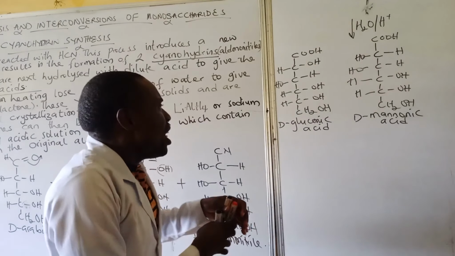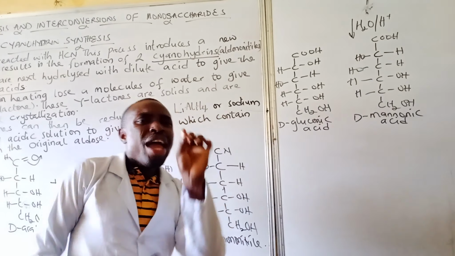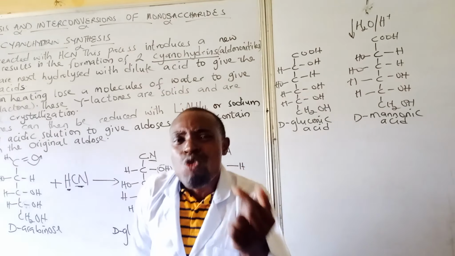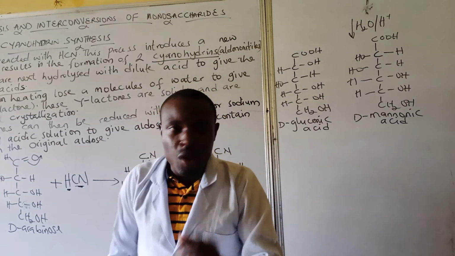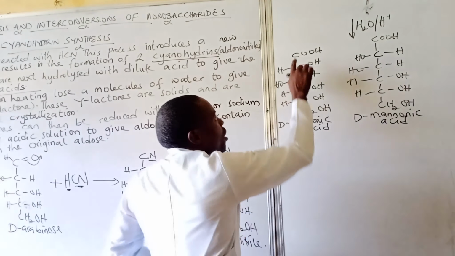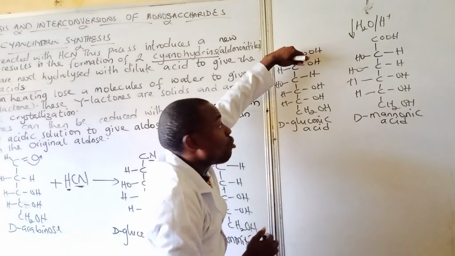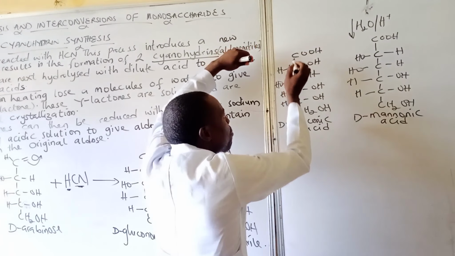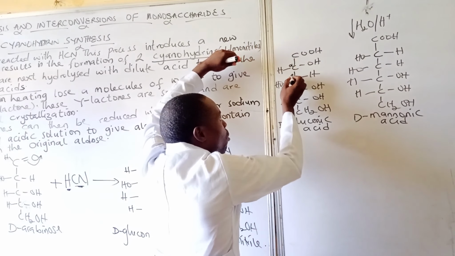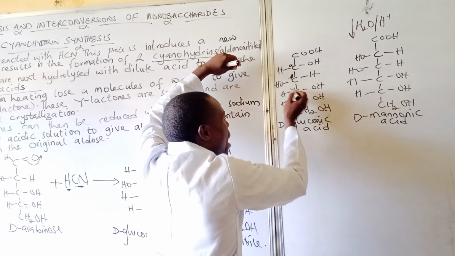Now, in step 3, a gamma lactone will be formed, do not forget. If I have this carbon here, which is the functional group carrying this carboxylic group, here is your alpha position, here becomes your beta, and here becomes your gamma.